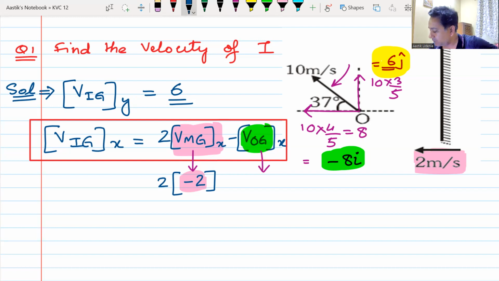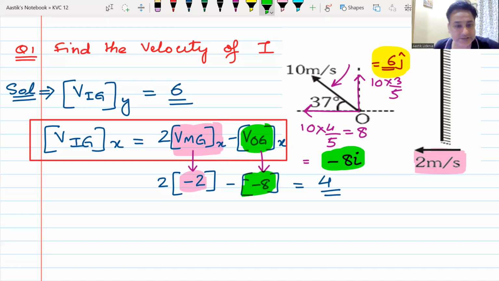So it will become minus, just write it in brackets so that I don't make a mistake, of -8. And then I can multiply and divide, and I will get this as 4. Yes or no? I hope everyone is understanding this. Anyone has a problem, please raise. Anyone has a doubt, please raise.